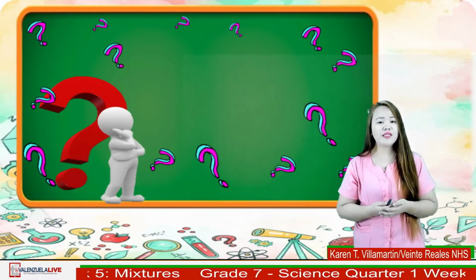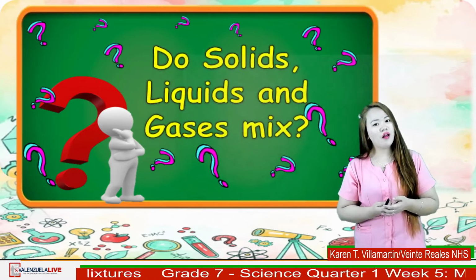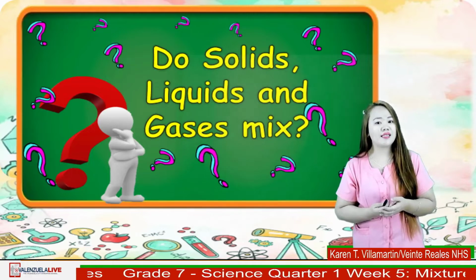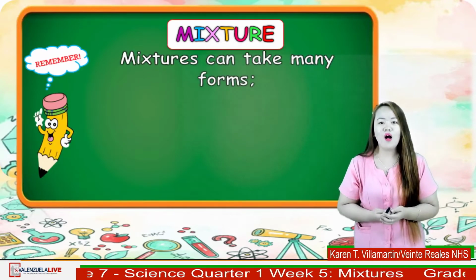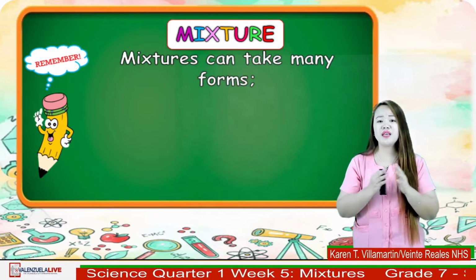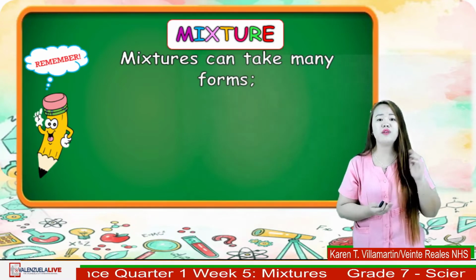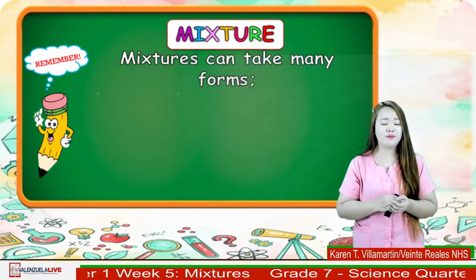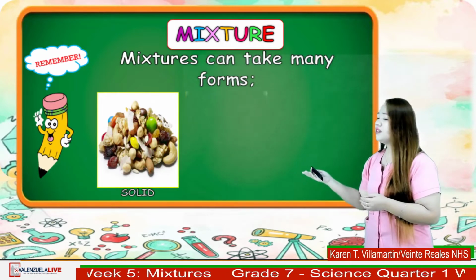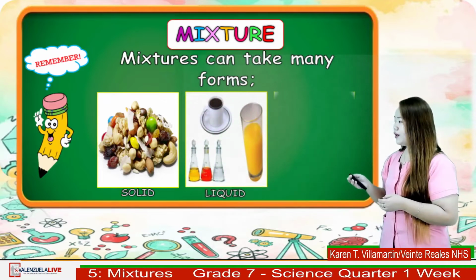Now, the question is, do solids, liquids, and gases mix? Yes, all the states of matter can mix with themselves and with each other. Mixtures can take several forms. It can be solid, liquid, or gas.